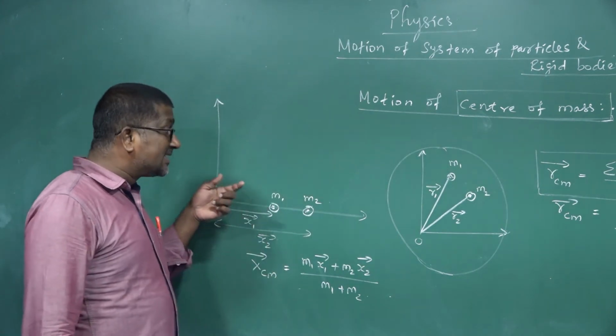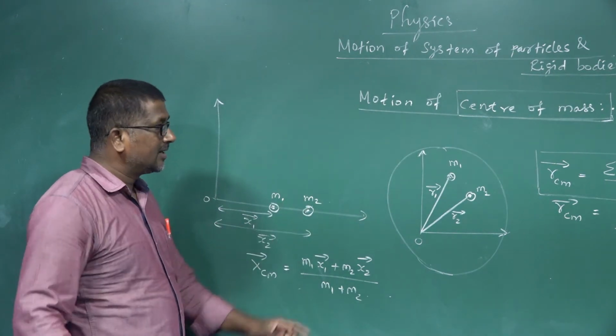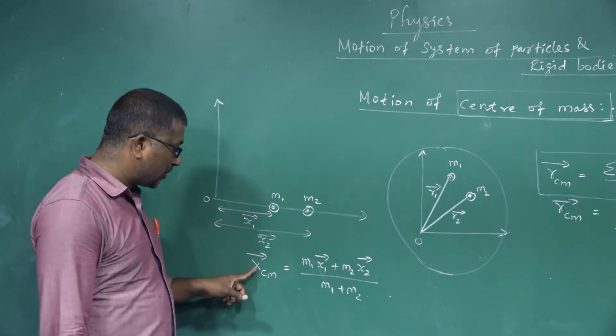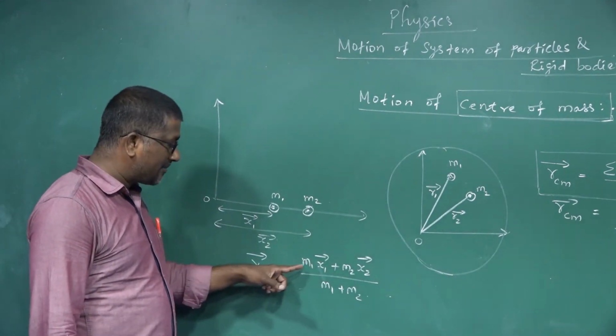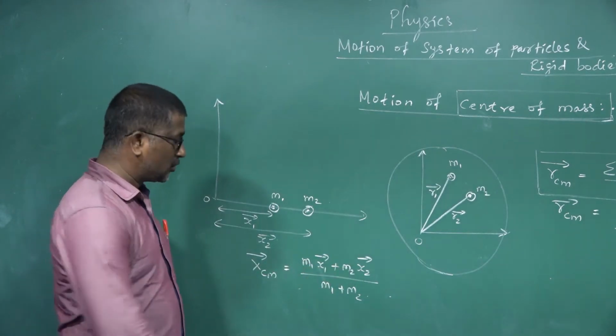If the particles exactly lie on the positive x-axis direction, then the equation for x coordinate of center of mass is denoted by x cm vector. It is given by m1 x1 vector plus m2 x2 vector divided by m1 plus m2, right?